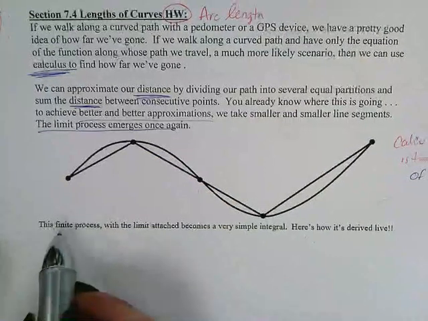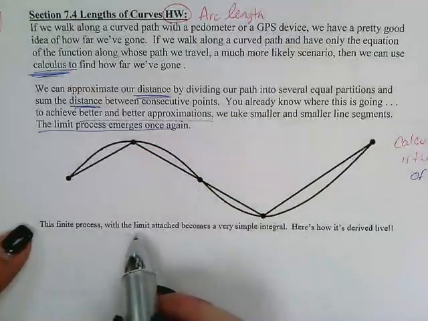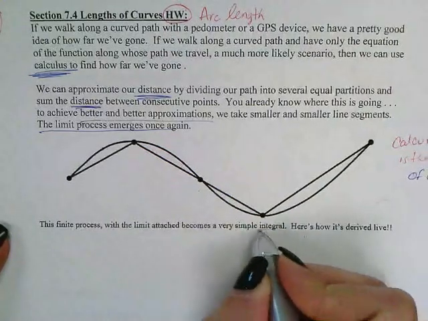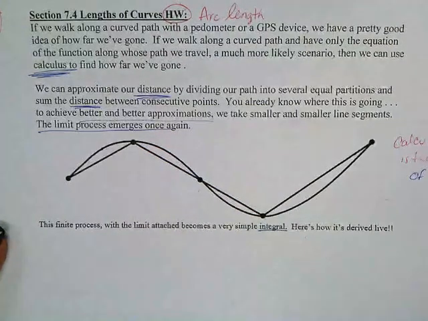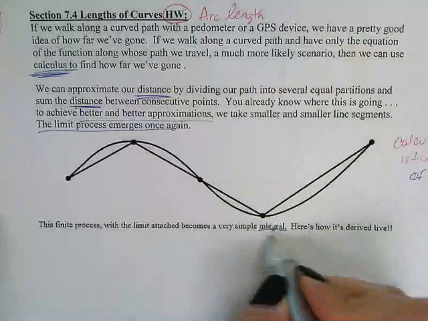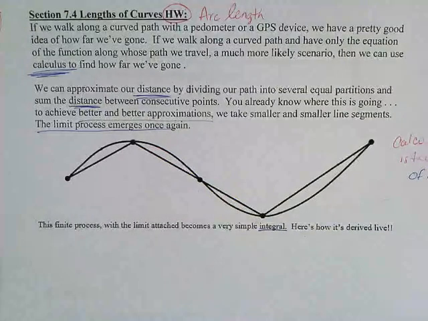Now, this finite process with the limit attached becomes a very simple integral. Because remember, when you're finding the limit, you're actually finding the derivative, and then, when you're finding the limit as things get smaller and smaller, you are basically setting up the derivative when you're adding up sums. The integral. So here's how it's derived.